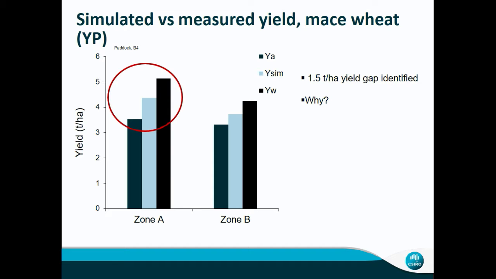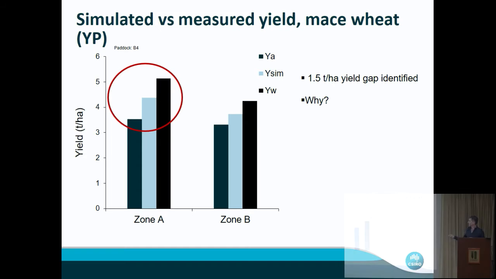And then, because we have classified the soil in each region, we are able to extract 3 measures. We have the actual yield that the farmer achieved, which we extracted off the yield monitor off the harvester. We have the simulated yield, which is where we take the farmer's management and run the crop simulation model exactly using that management.